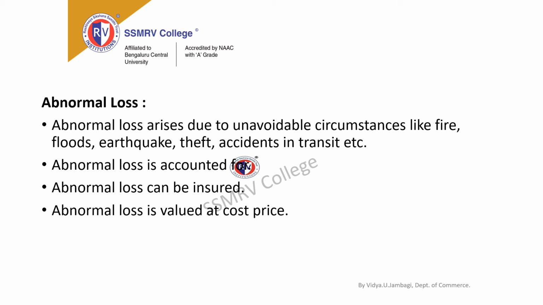Next, abnormal loss. When loss or damage of goods is caused by unnatural or unexpected reasons, then such loss is treated as abnormal loss. So abnormal loss arises due to circumstances like fire, floods, earthquake, theft, accidents in transit, etc. But abnormal loss is accounted for.